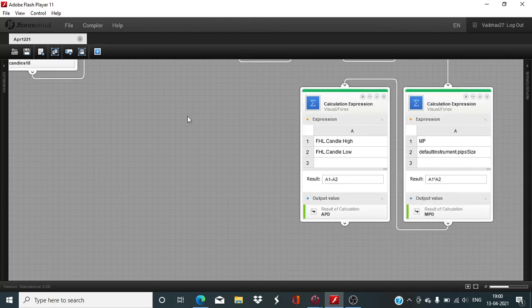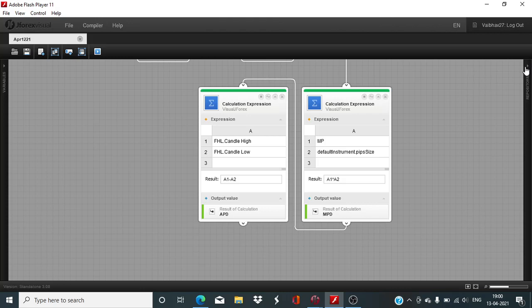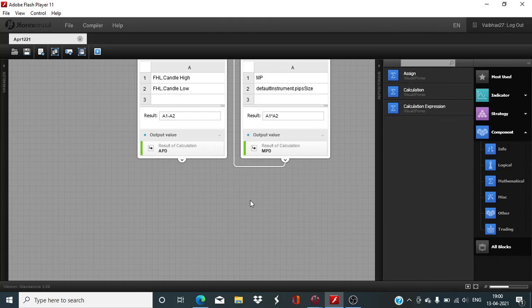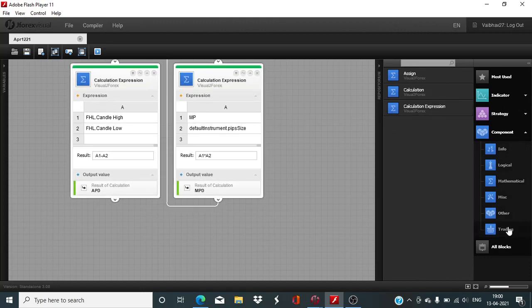Now all we have to do is define the conditions for the execution of the trade using the if-else block. So for the time being, we will stop this addition of blocks here, and I will bring in multiple action.